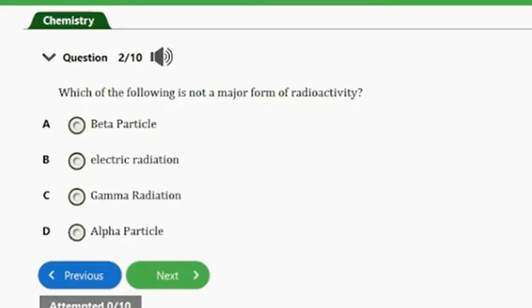That's because the major forms of radioactivity include alpha particle, beta particle, gamma radiation. We even have positron emission and electron capture. But electric radiation is not a form of radioactivity. So that's the answer to this question.